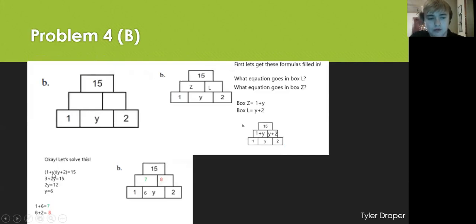After we combine like terms, we see that 1 plus 2 equals 3, y plus y equals 2y, so 3 plus 2y equals 15. Then we have 2y equals 12, and y will equal 6. And then we're able to plug and chug the 6 for the y in both of the equations.